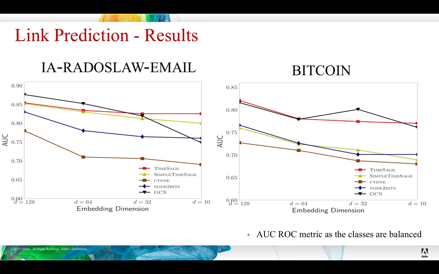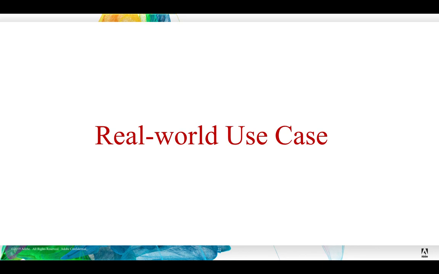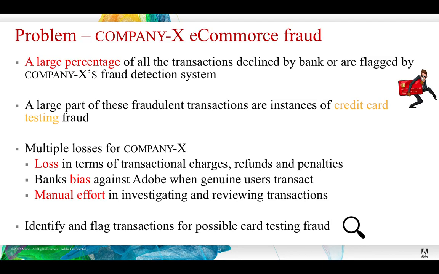Motivated by these results, we apply our method to a real world use case, the problem of company X's e-commerce fraud detection, where a large percentage of all transactions are declined by the bank or flagged by the company's fraud detection system itself.